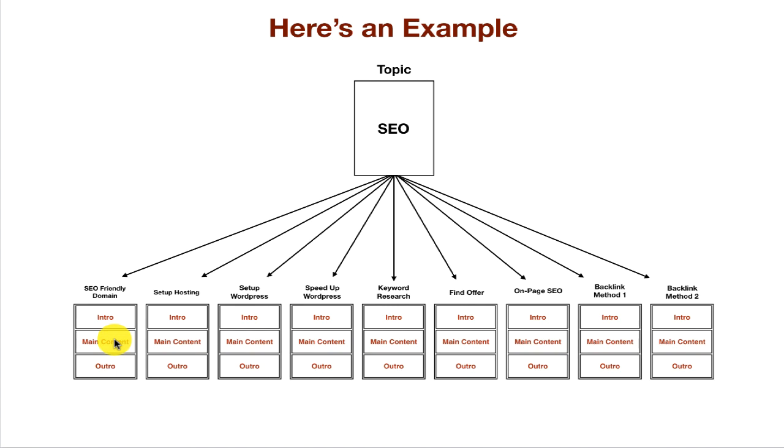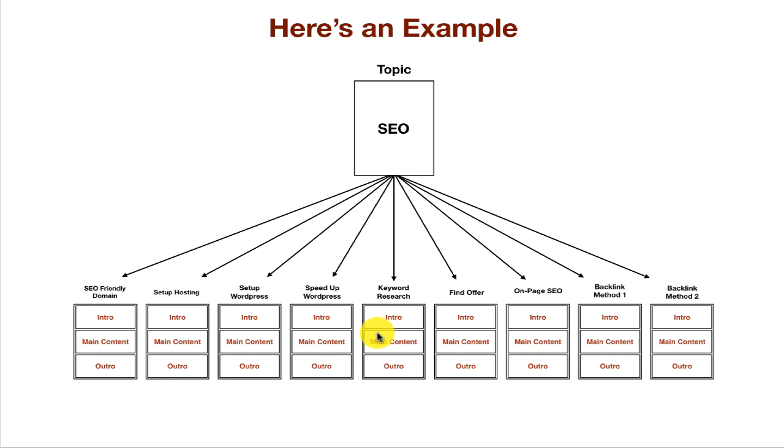I thought the first thing that people need to do is to get a domain that's SEO friendly for their website, and then I would have to show them how to set up the hosting. And then once we've set up the hosting and installed WordPress, I would show them how to set up and optimize WordPress, then how to speed up WordPress, and then how to do the keyword research for their first post, and so on and so on.